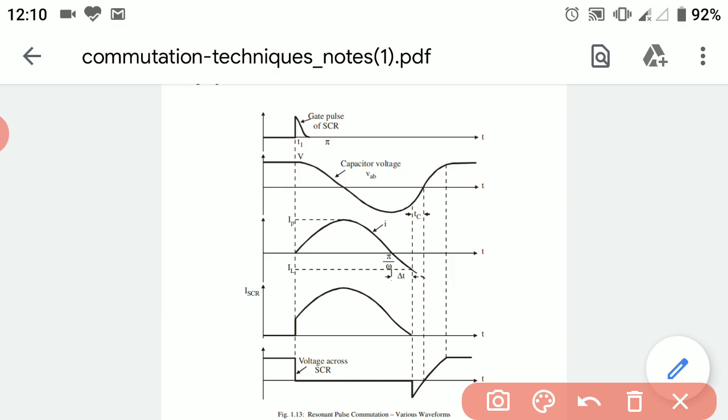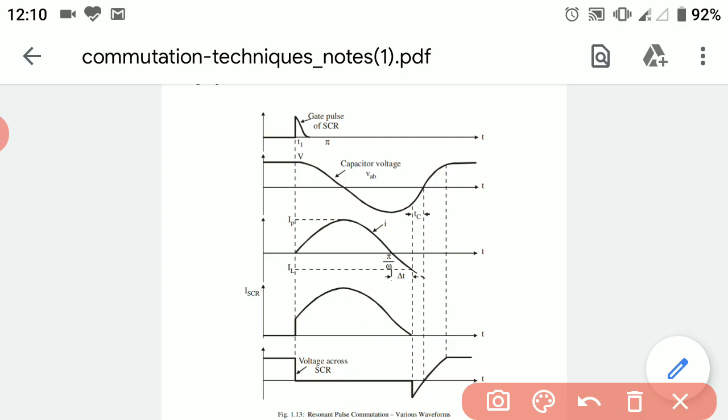The voltage across the SCR, when it was non-conducting, has some voltage, that is V. When it is conducting, the voltage across it is zero, that is, it is offering zero resistance, so the drop across it will be zero.